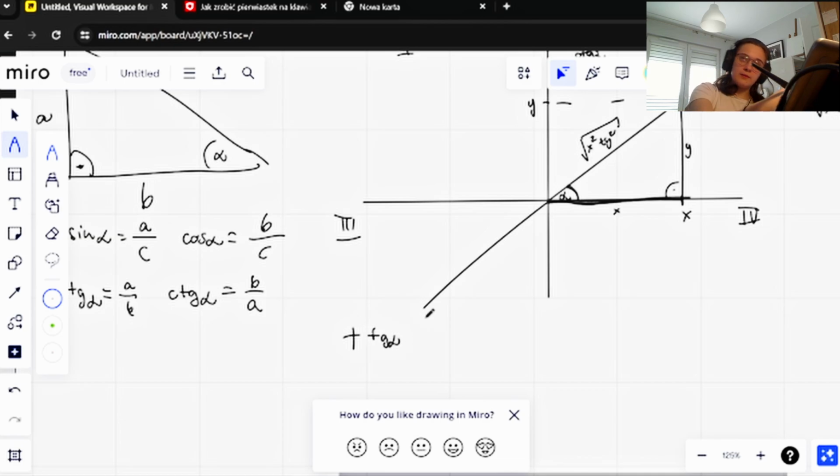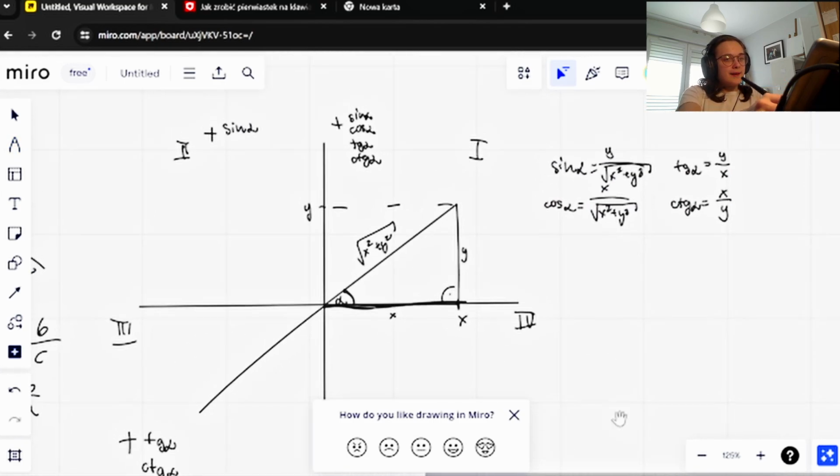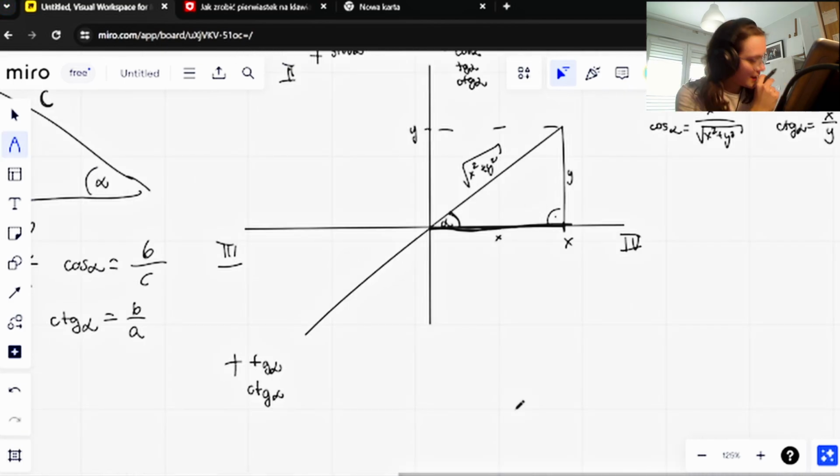And vice versa, cotangens is also positive. Alright, I'm just dumb. Okay, sorry. Here it's positive always. I forgot.